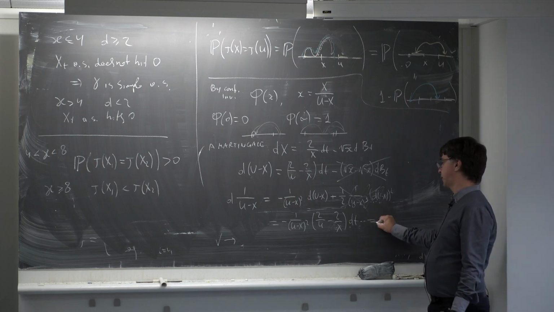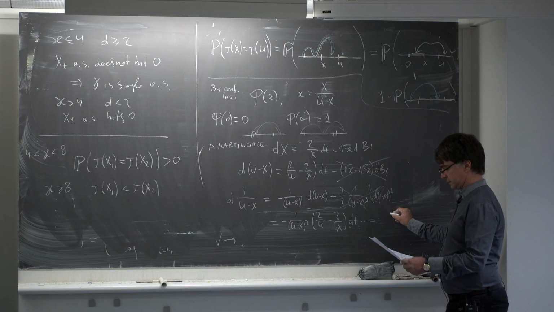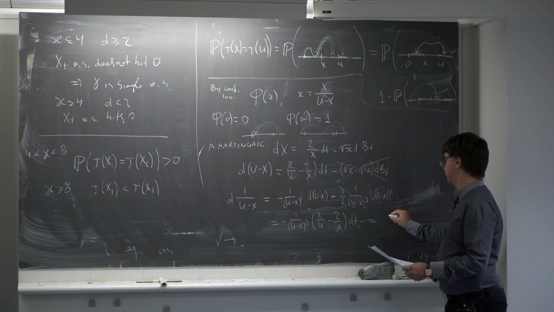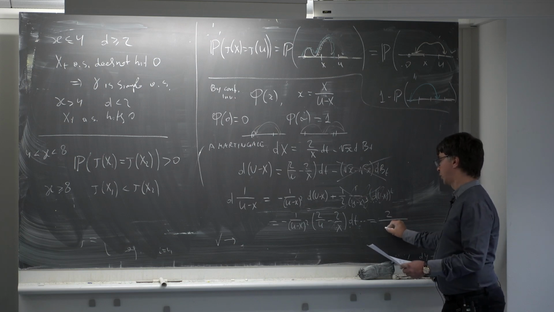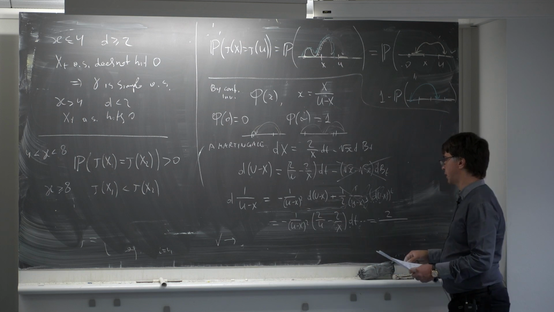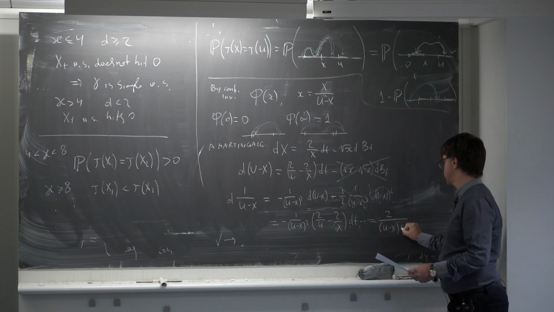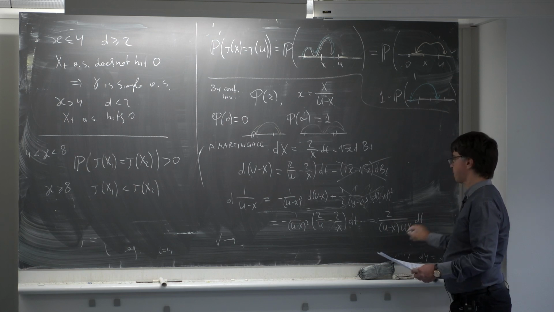Maybe I simplify it to be 2 over (u minus x) squared, and this will give me u minus x, so the 1 will cancel out, or rather x minus u and the minus will cancel out, so it's 2 over (u minus x) times ux dt.